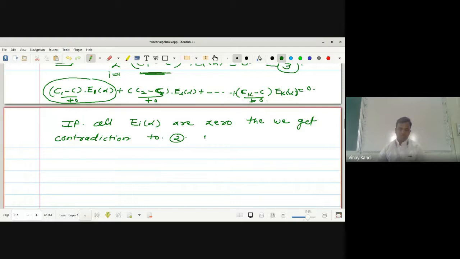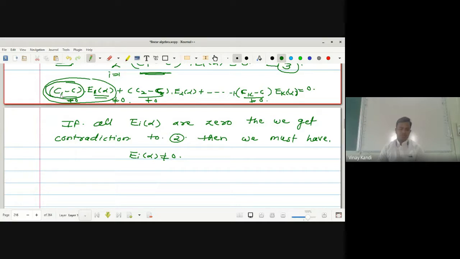So then we must have Ei of alpha not equal to 0. That means this term must be not equal to 0, and this one must be 0. This happens due to the wrong assumption.